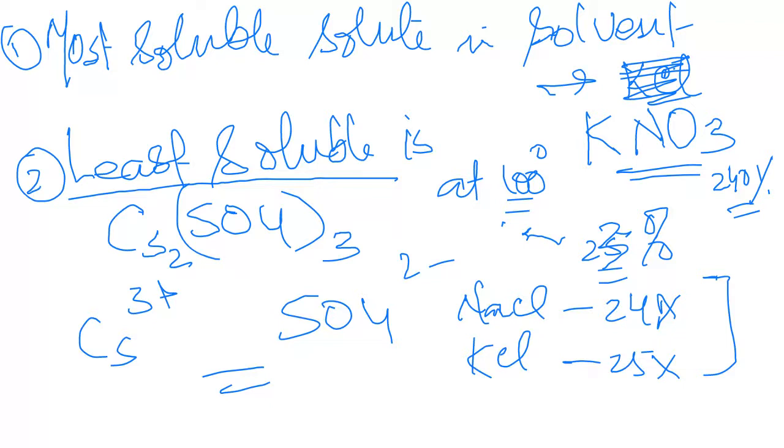If you increase the pressure, what happens? All the molecules collide with each other, they interact with each other, they try to mix and solubilize. So at high pressure, the concentration, meaning the solubility, increases.